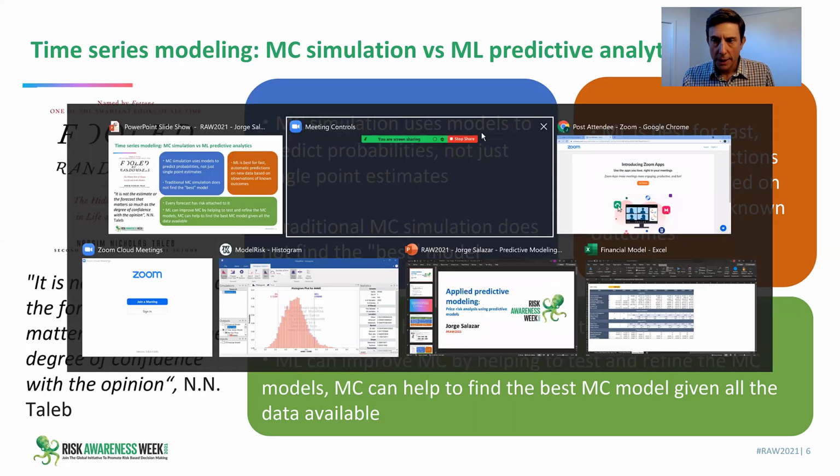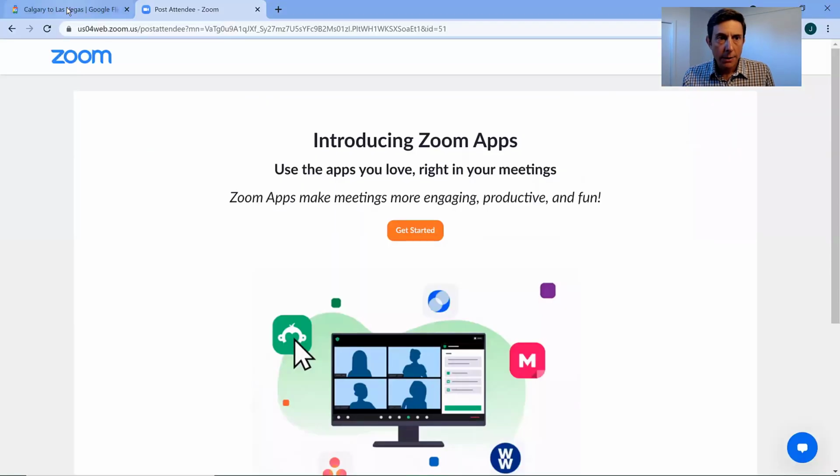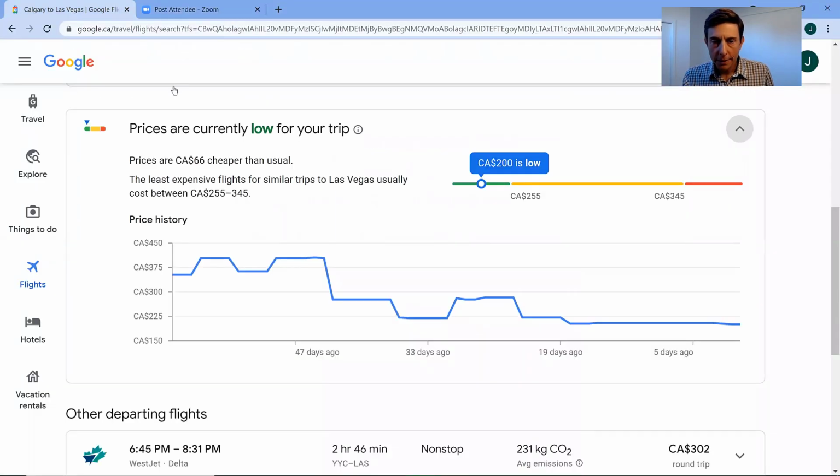Just to give you an example, I was doing a reservation looking for a flight from Calgary to Vegas for a few weeks from now, and it's giving me a price of $200. This is Google. So I Googled that, and Google is making a decision.